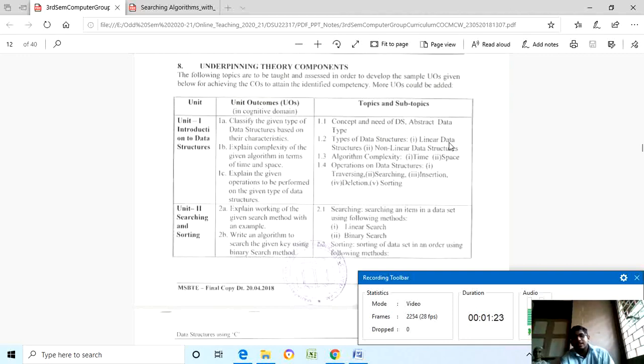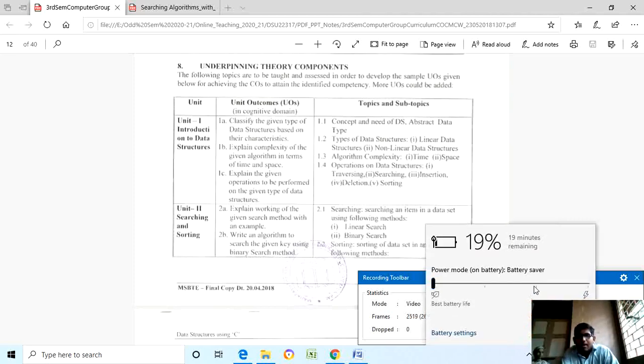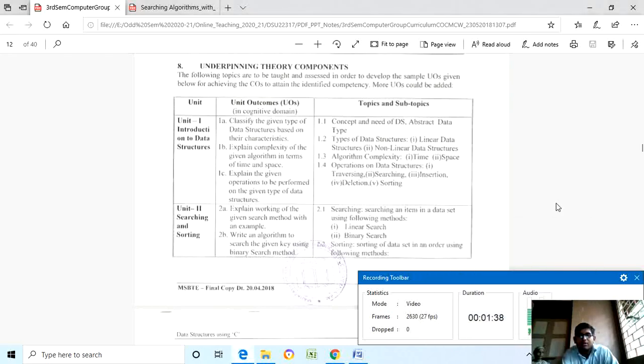In the last lecture, I also told you that it is not possible to tell the exact time complexity, exact timings, but we have to calculate approximate time complexities, and we have to represent them. So we will discuss these things as we proceed in this particular course.